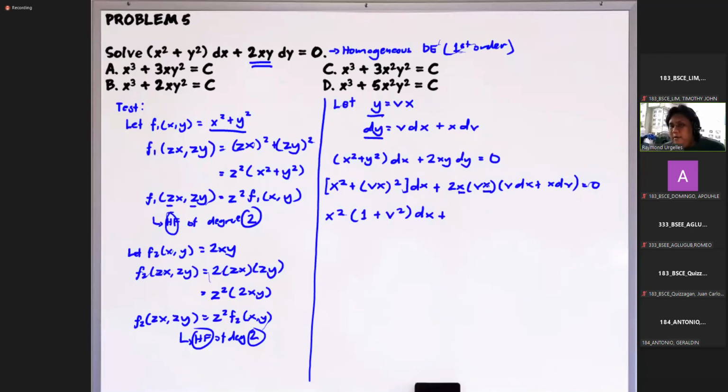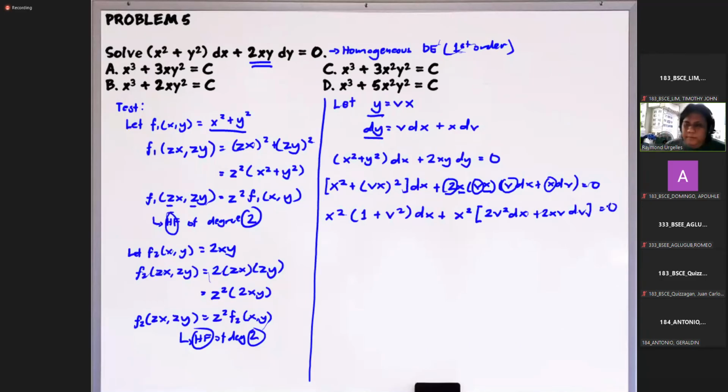So we can factor out yung x squared dito, diba? So we have x squared multiplied by, okay? Ang matitira sa atin dito ay 2v multiplied by v here, so we have 2v squared dx. Then we also have 2v multiplied by x dito, kaya plus 2xv dv. Okay, so this is equal to 0.